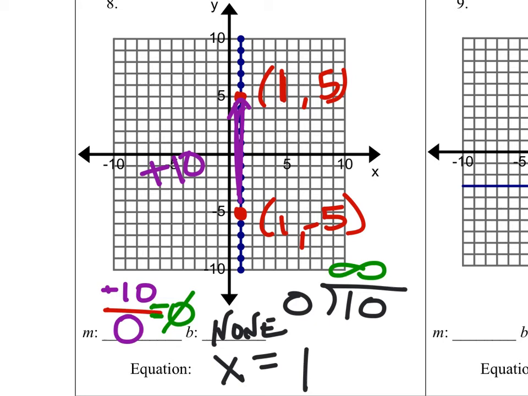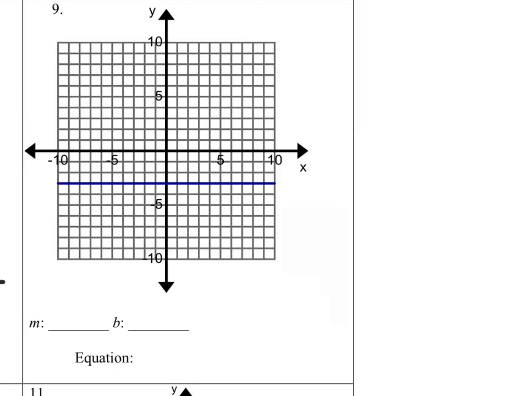Now this is a very unique scenario, and this is the only case where it's not y equals something. For all other straight lines, we need y equals something, but in this case, there is no y. Y is changing, but x is not. So x is 1.